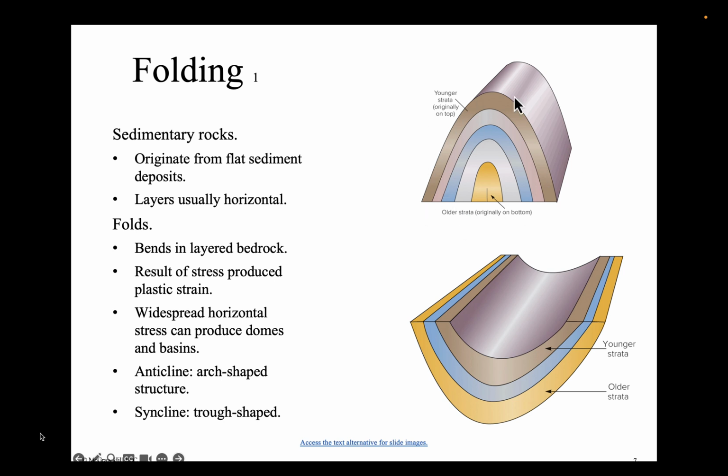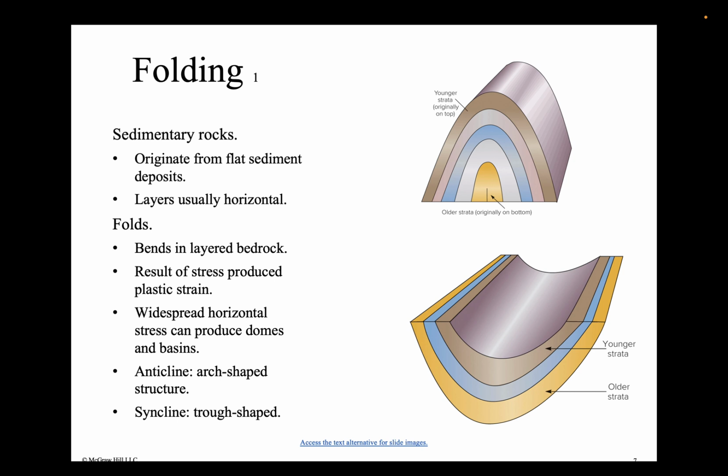This is a type of dome, and when you have this trough-shaped structure, then this is a basin, also called a syncline, all right? So this folding can change the way those mountains and those rocks look. It's a way by which the Earth can change its crust.